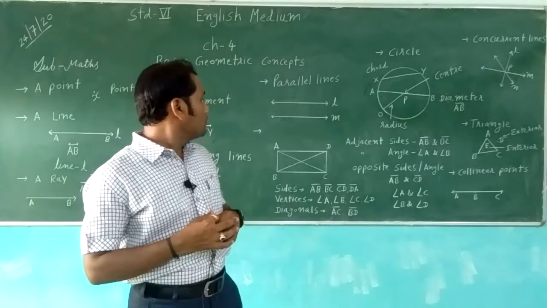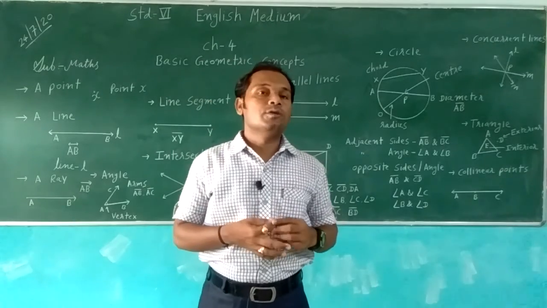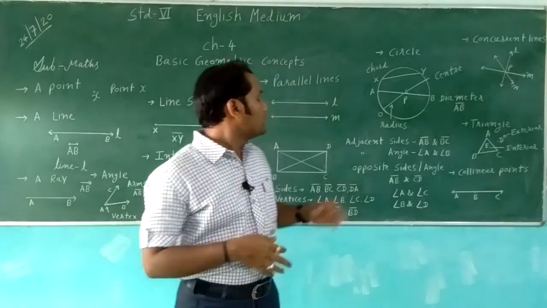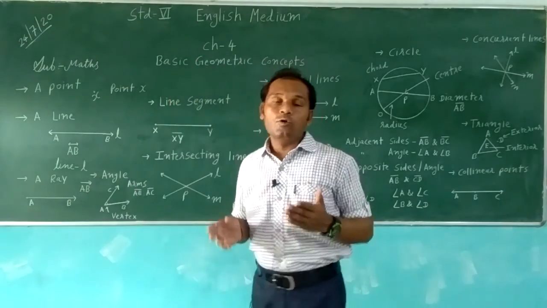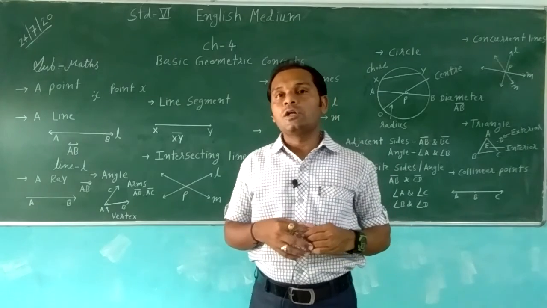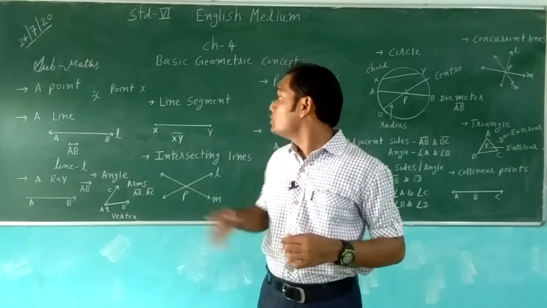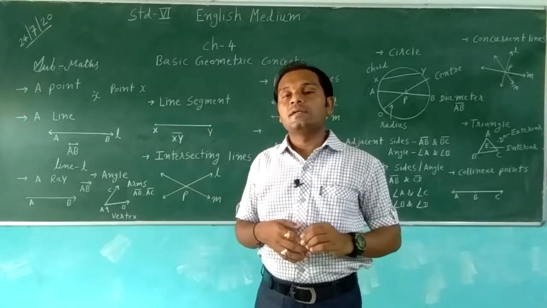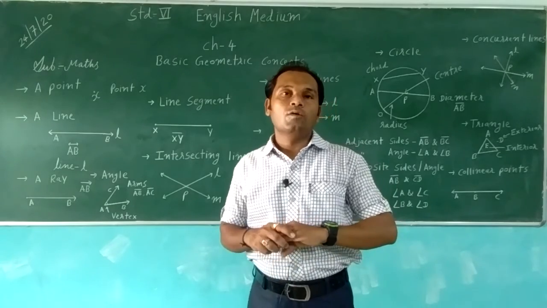I hope you understand well, and there is practice in your book. In the exercise, you can solve this very easily. Use all this information and solve that exercise as homework.